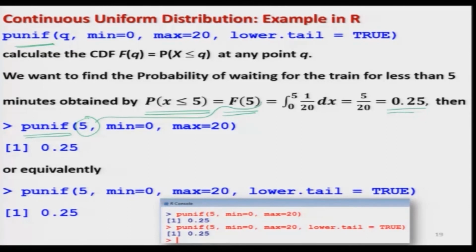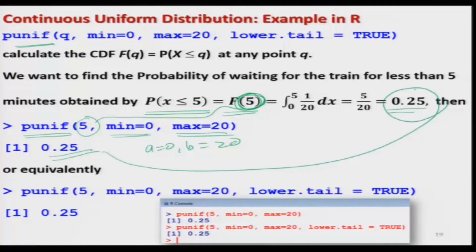This 5 is the same 5 here, and then the minimum value of this range is 0 and the maximum value is 20, that is A equal to 0 and B equal to 20. Now if you execute it, it will give you the same value 0.25, the same as what you obtained here. And if you want to use the option lower.tail equal to TRUE, even then you will get the same value. And this is the screenshot of the same probability, right.